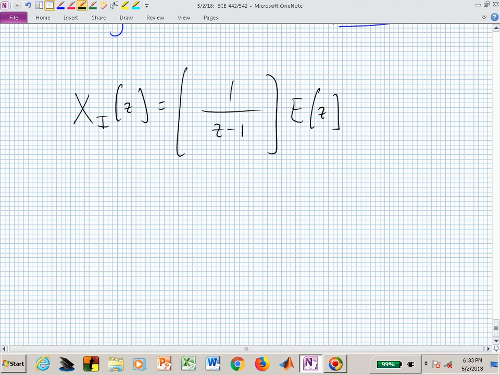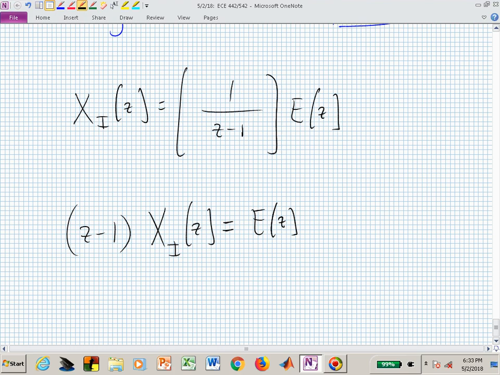Let's just make this some polynomial in z relative to capital X sub I and relative to E. And we can do that by getting rid of the denominator, or multiplying both sides by z minus 1. And if you had something that was not as trivial as a 1 in the numerator, that would just be doing a polynomial multiplication on E.